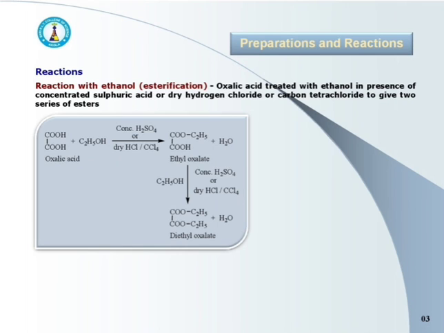Oxalic acid on treatment with ethanol in presence of concentrated sulfuric acid or dry hydrogen chloride or carbon tetrachloride gives two series of esters.